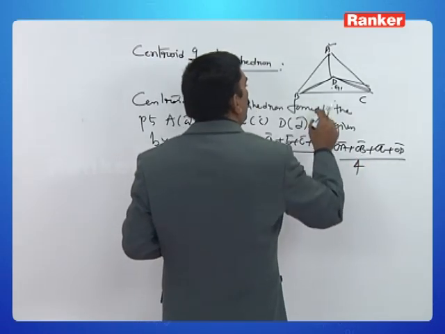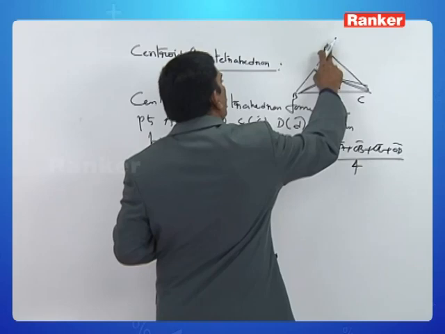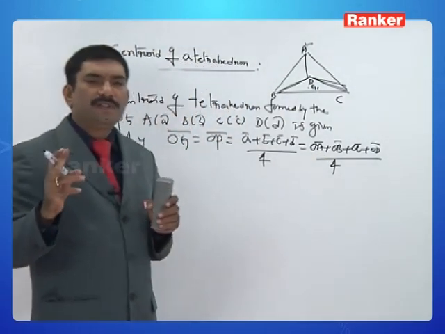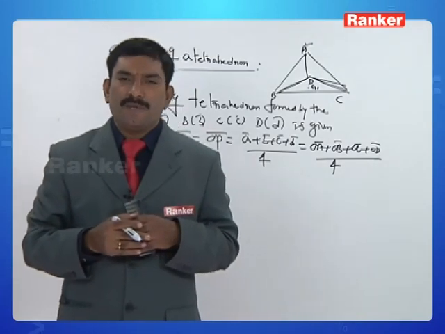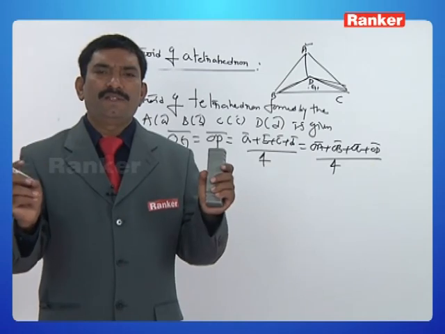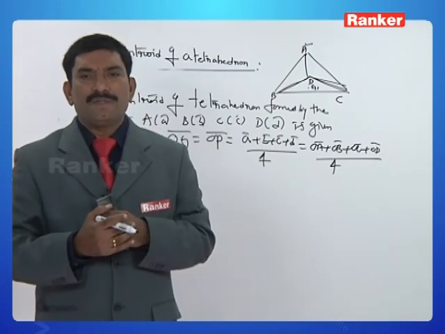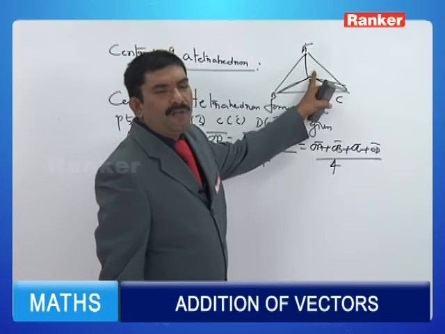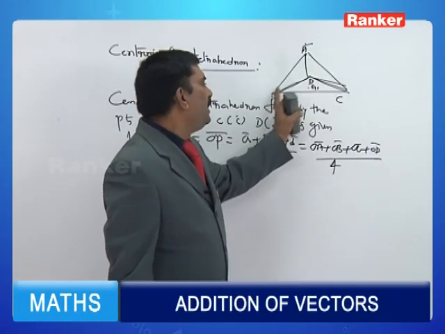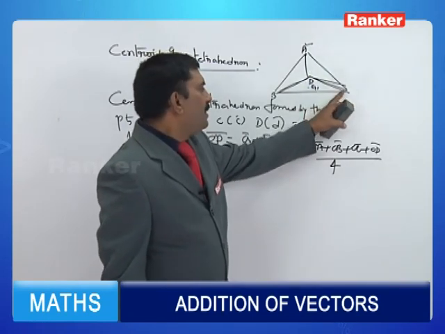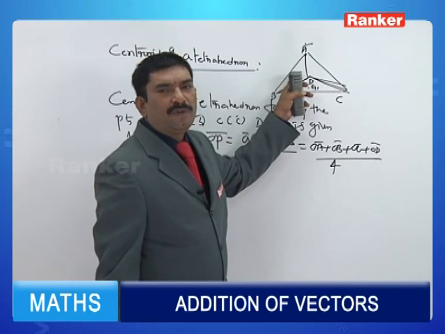The line joining the opposite vertex to the opposite face centroid always divides in the ratio 3:1. So AG1 divides in the ratio 3:1. Similarly for point B, BG2 divides in the ratio 3:1, and CG3 divides in the ratio 3:1.